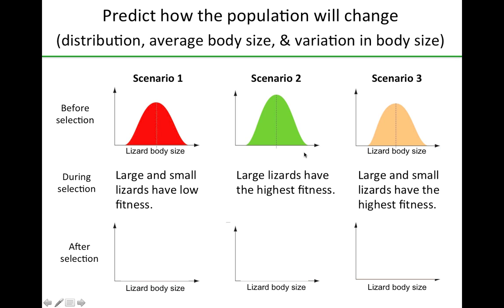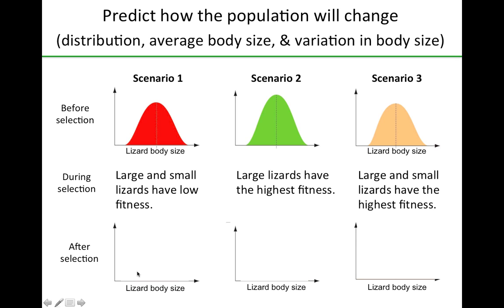So I want you to think about this lizard that we just saw on the previous page. If we had a population of those lizards, read each of these scenarios and think about how we would expect the lizard population to change given this scenario, over the next generation or a couple generations down the line.